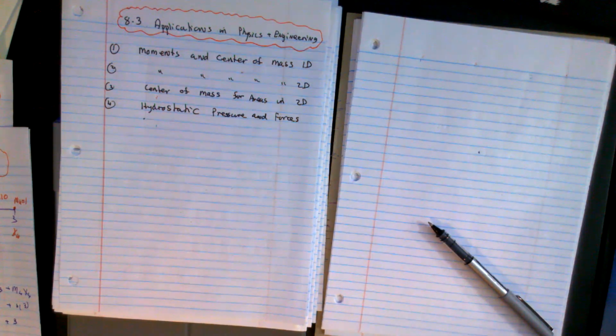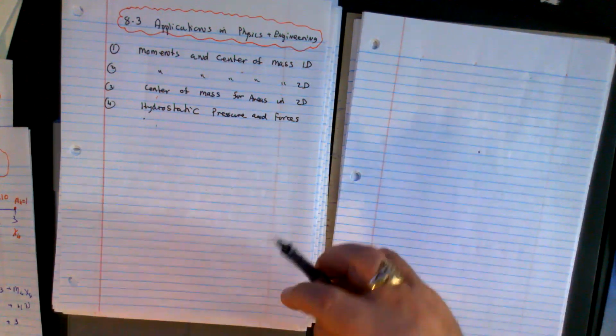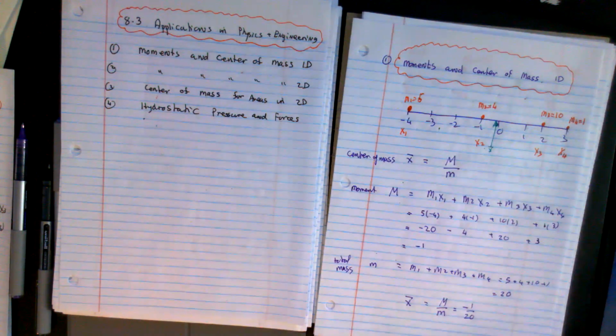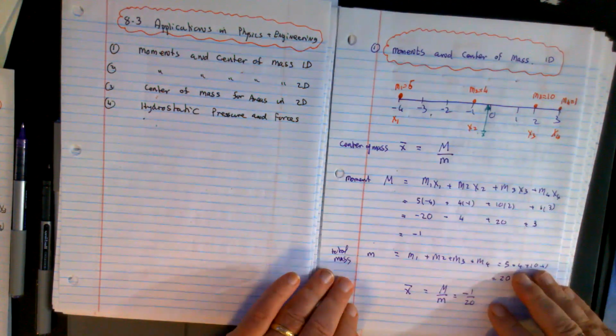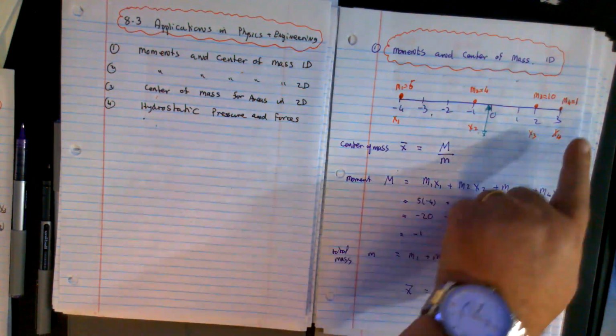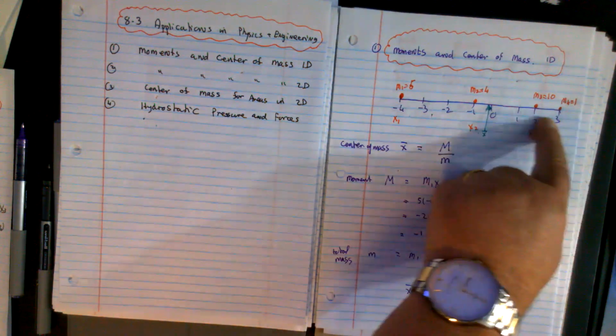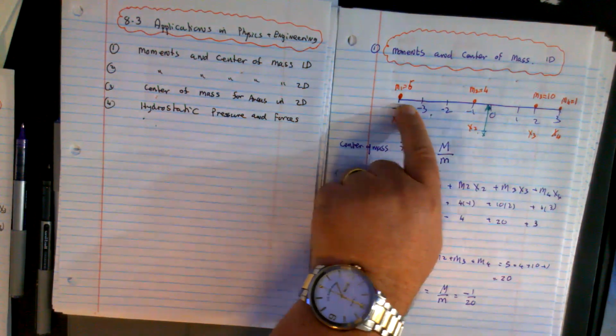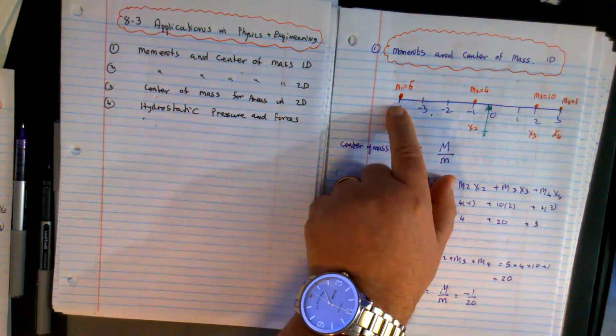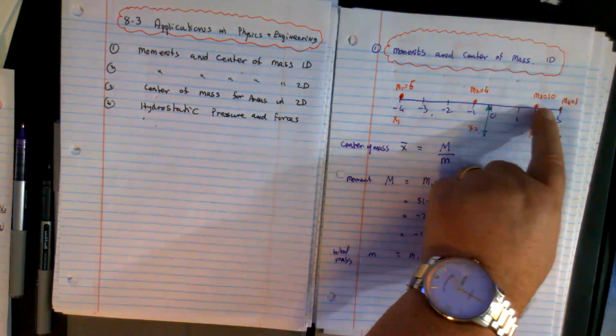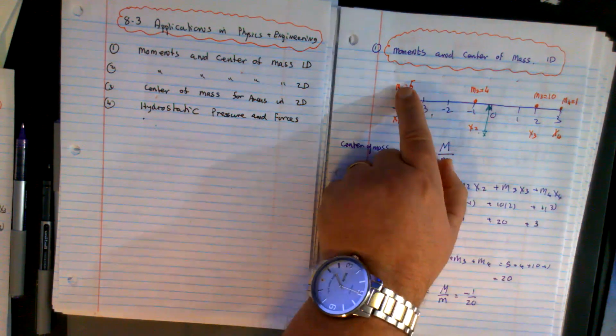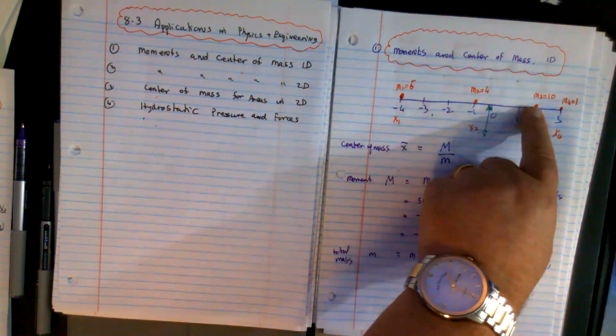So let's look at our first situation. Moments, centre of mass in a 1D world. So imagine you've got a girder or a piece of wood, something straight, and it's got on it, in this particular case, on 4 different locations, 4 masses of different weights.